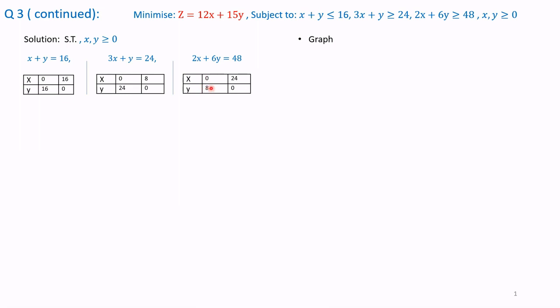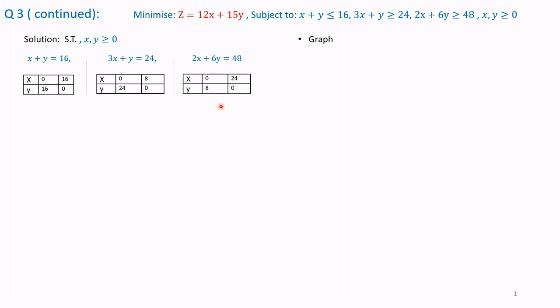And the next step is to put y is equal to 0 in this equation. So 2x is equal to 48 or x is equal to 24. Hence, we have also got 2 points for drawing the line 2x plus 6y is equal to 48. Similarly, all the 3 points we have calculated.